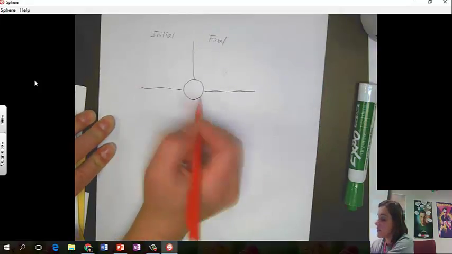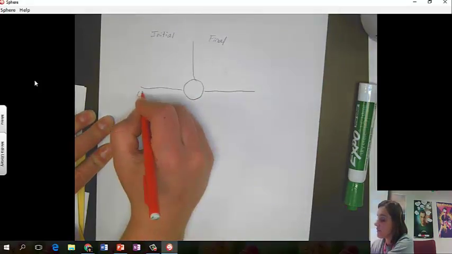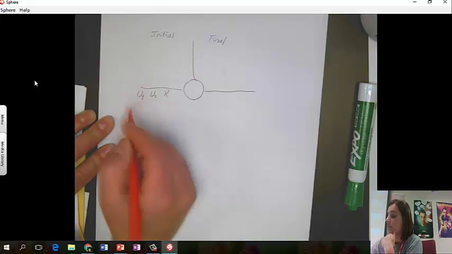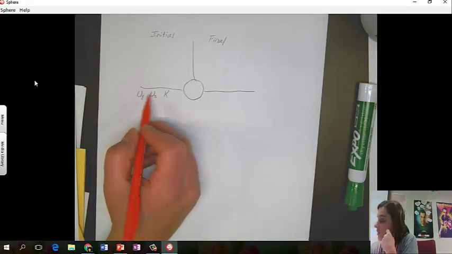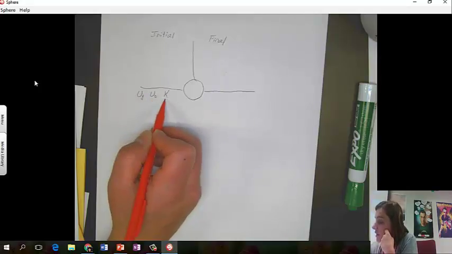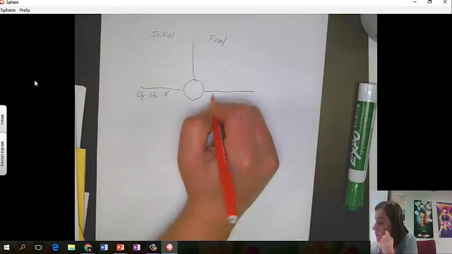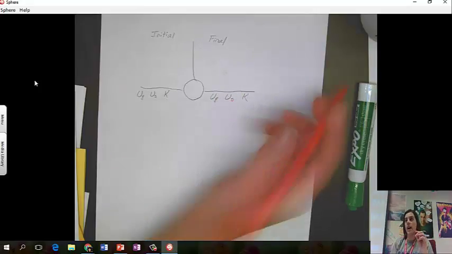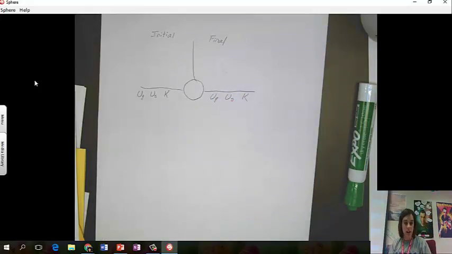In this side, I want to list all my different types of energy, okay? My gravitational potential energy, my elastic potential energy, my kinetic energy. Over here, I'm going to do the same thing, okay? Now, if I have a system where I have a non-conservative force acting, so the marker falling, or actually, let's do the little bear popper, okay?